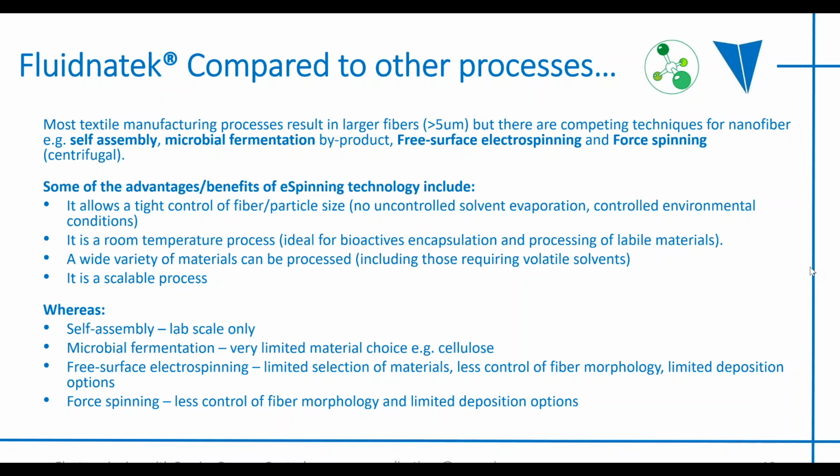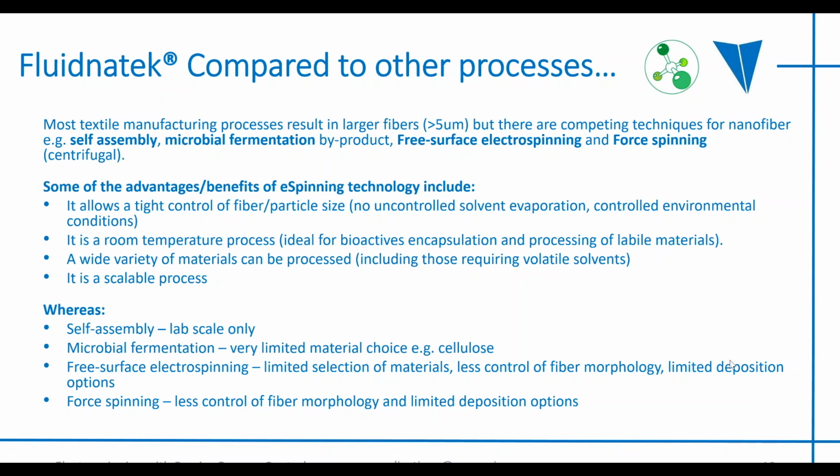Compared to other processes, most textile manufacturing processes produce larger fibers, so typically more than 5 micron in diameter, or more often more than 10 microns in diameter. But there are some other competing technologies for creating nanofibers, for example, self-assembly, microbial fermentation, and free surface electrospinning, or nanospider electrospinning, and force spinning.